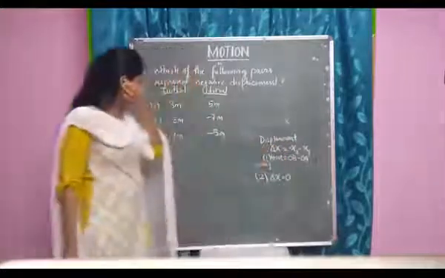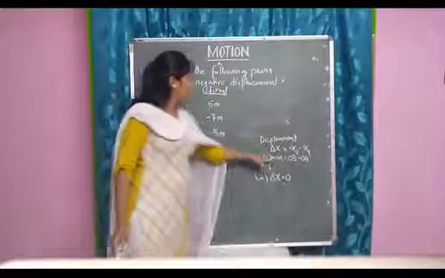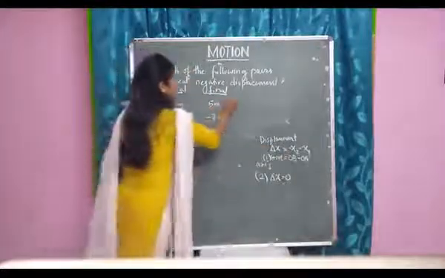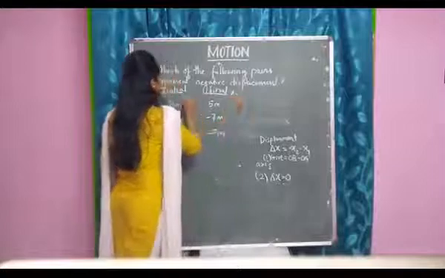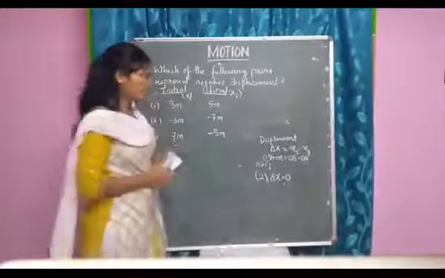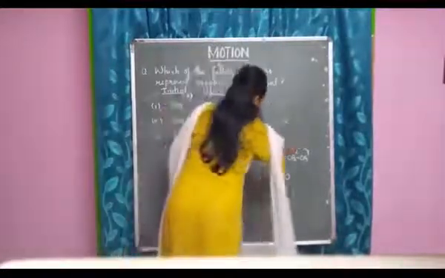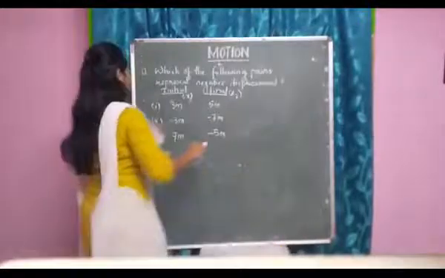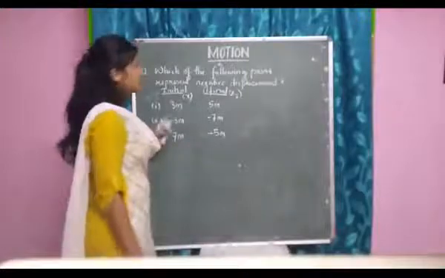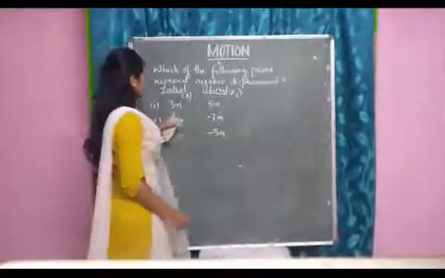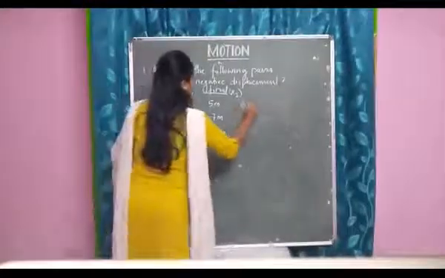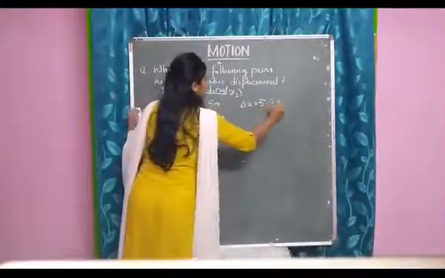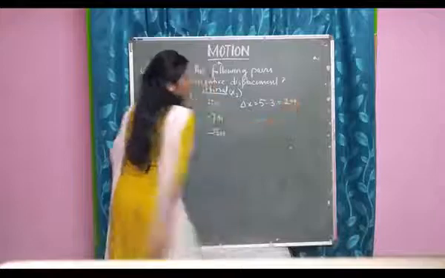We calculate displacement by using the formula del x equals x2 minus x1. This will represent x2, this will represent x1. If we get a negative sign, then we say it is negative displacement. Here del x is 5 minus 3, which is 2 meter.